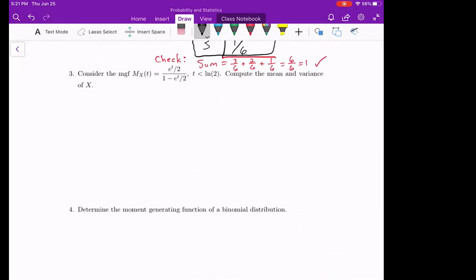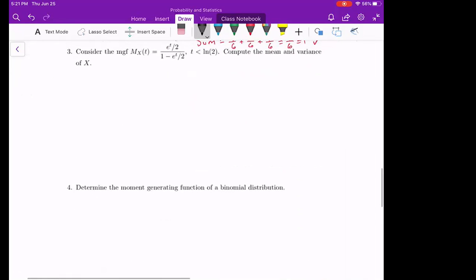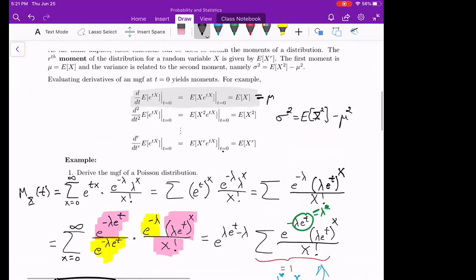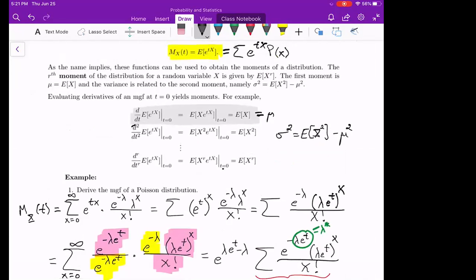All right, so let's work on getting the mean. So mu is going to be given by d dt. Let me just point out, again, the derivative is with respect to t, not x.